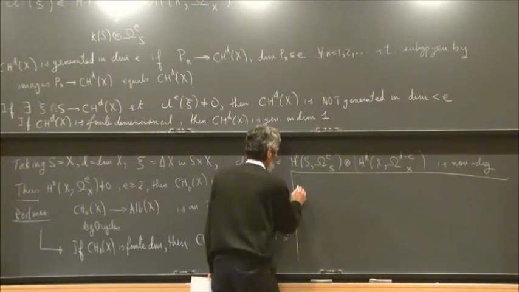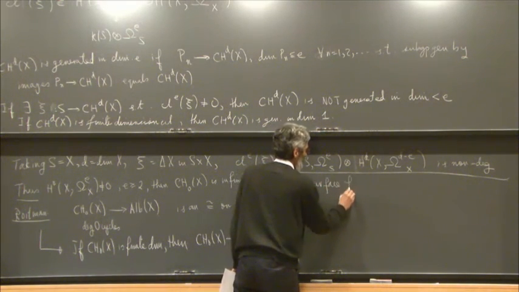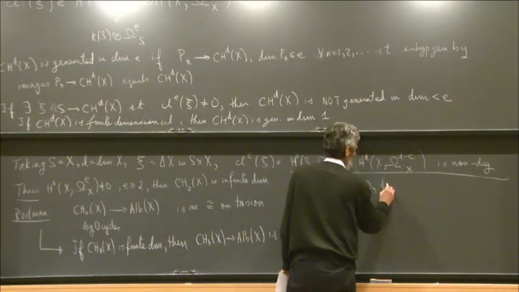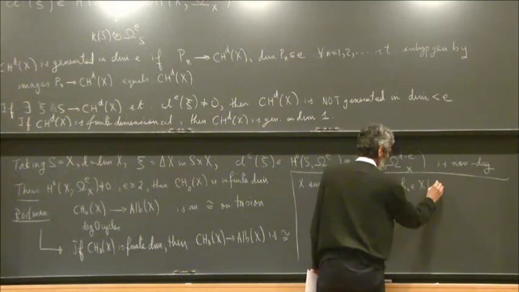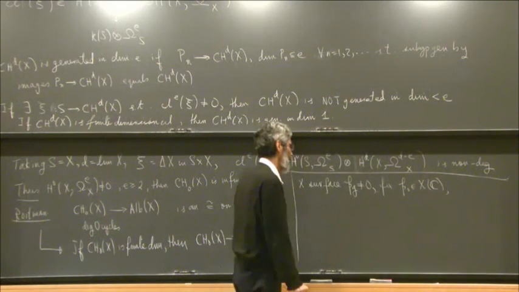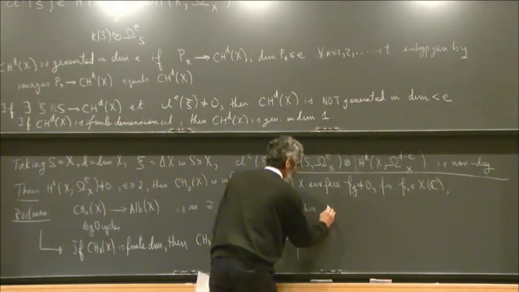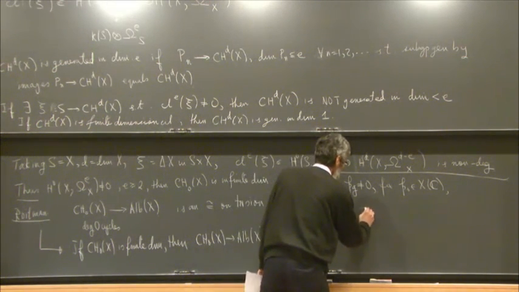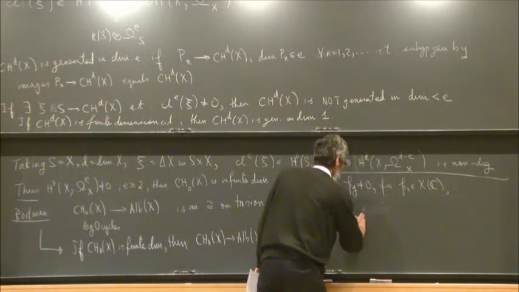This only shows, so if I fix a P naught, let's take X a surface with p_g not equal to 0, fix, say let me call it P naught in X. Then x minus P naught as an element is not 0, or maybe let's write it in a contrapositive way.